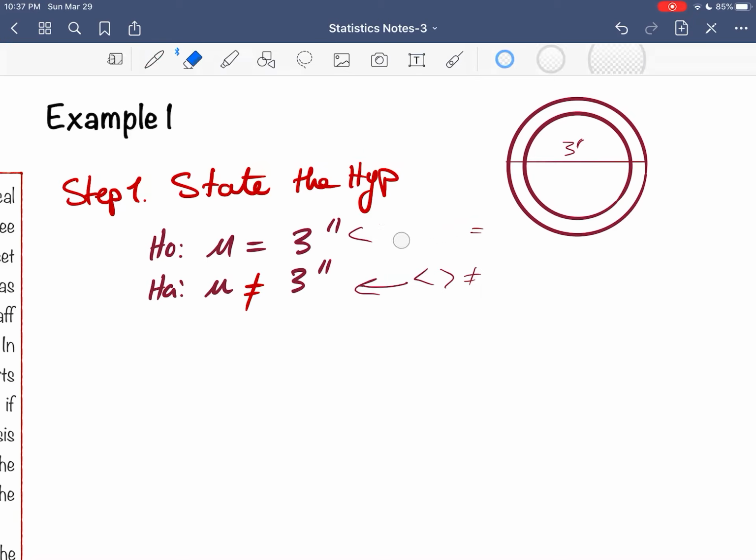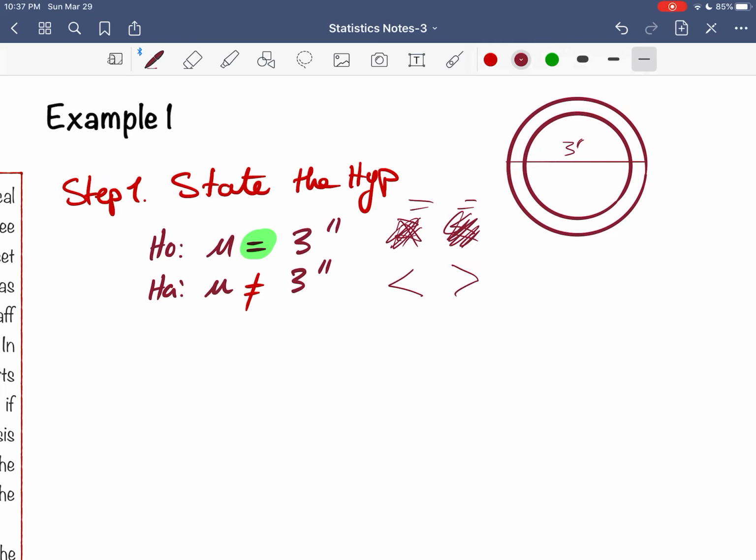And frankly, the sign of the H0 is not really important. You can always keep it as equal sign, but a lot of students like to keep it as the opposite of the alternative. So if the alternative is less than, they'll do greater than or equal to. If the alternative is greater than, they'll do less than or equal to. But that's not necessarily actually needed. You can just keep it as equal to, and it still wouldn't make a difference.